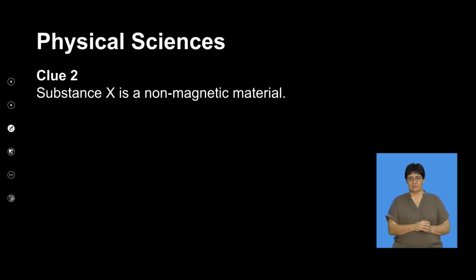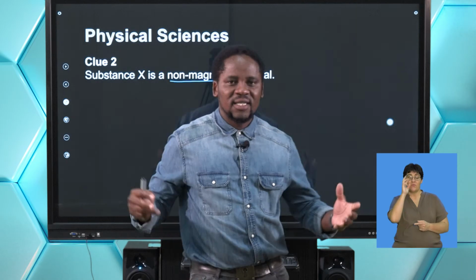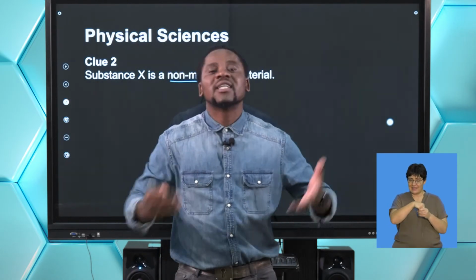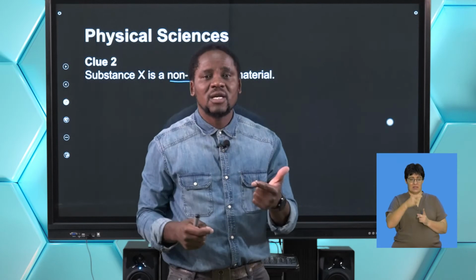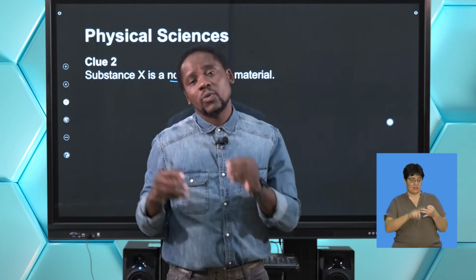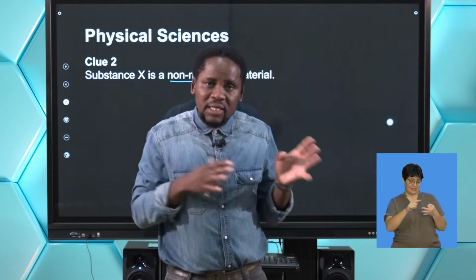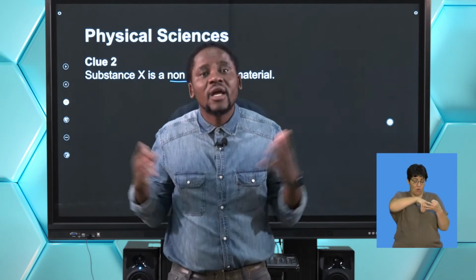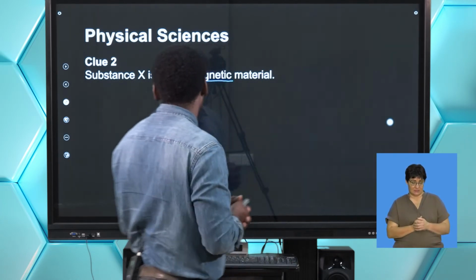Okay. And then moving along, we're also told in our second clue that substance X is non-magnetic. Remember, magnetic materials contain the ferromagnetic elements, which are iron, nickel, and cobalt. So we're told that X is non-magnetic, so it doesn't contain any of the ferromagnetic elements that we know of.